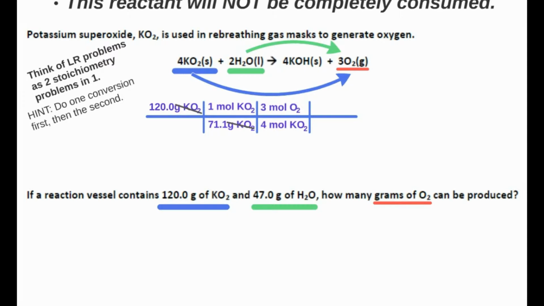Why does the KO2 have to go on bottom? Look what's diagonal. So they cancel out. Again, in case y'all are wondering, what I said earlier, the only time you're not going to have 1 mole is when you're doing the mole to mole conversion. It may be both 1 mole, 1 to 1. Sometimes it is. However, most of the time it's going to depend on what ratio you have between the two guys.